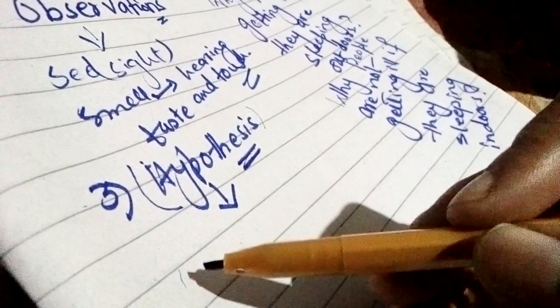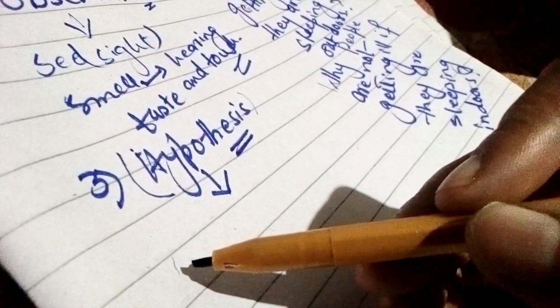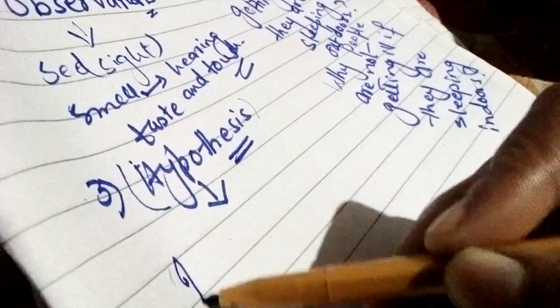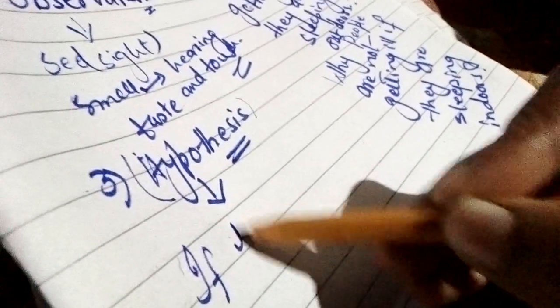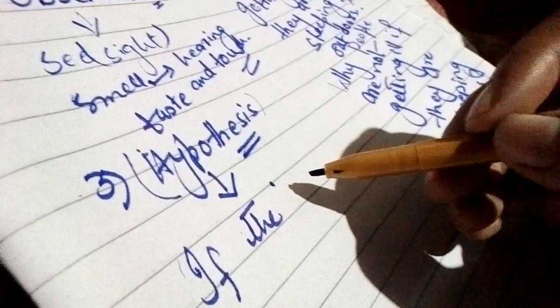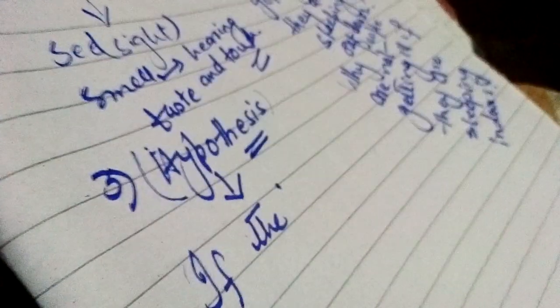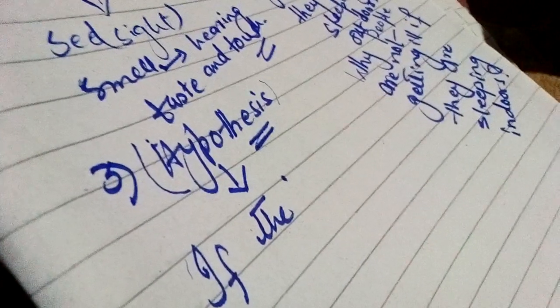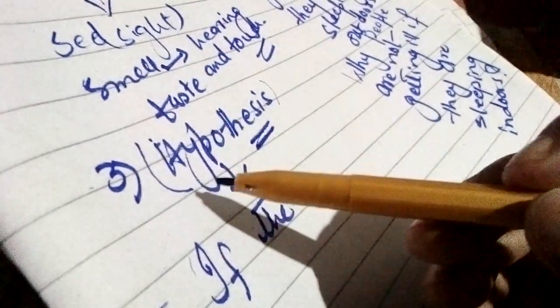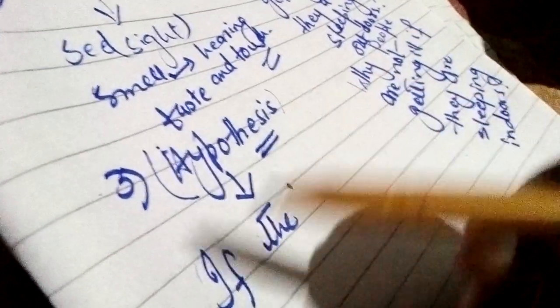For example, we name it Plasmodium. If the Plasmodium is present in the blood, then people may get malaria.